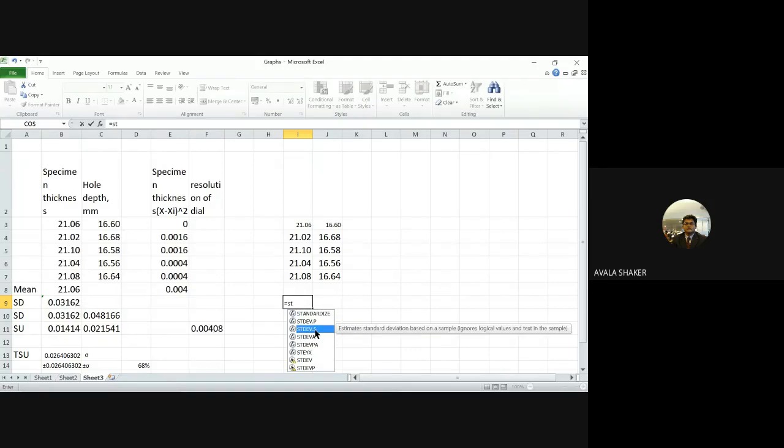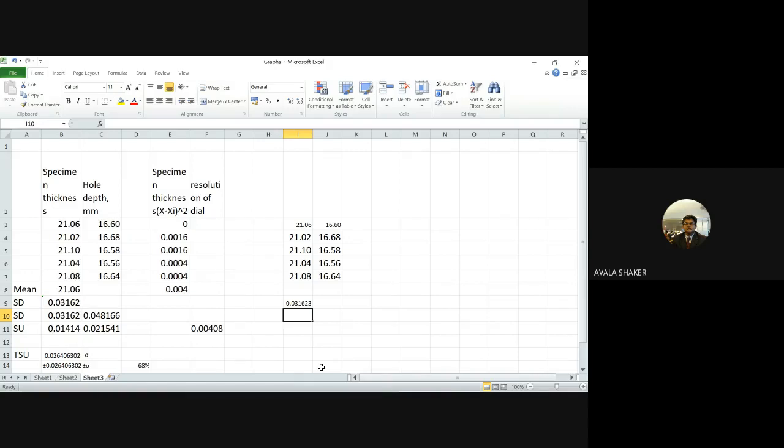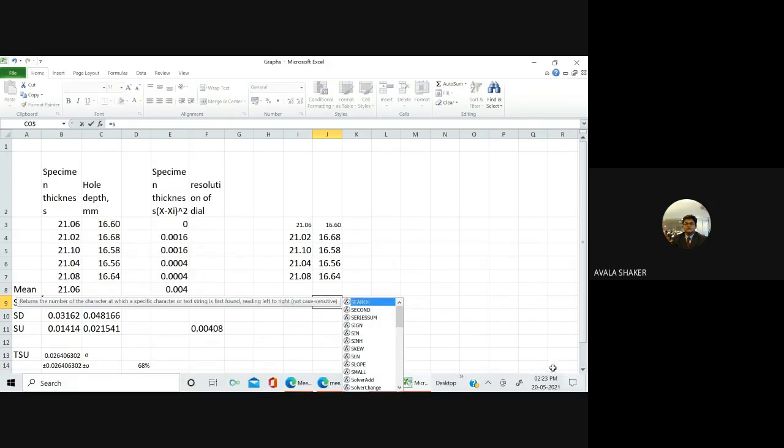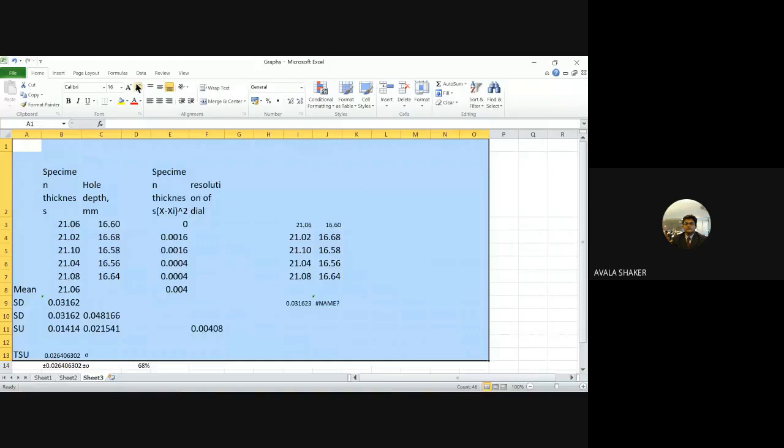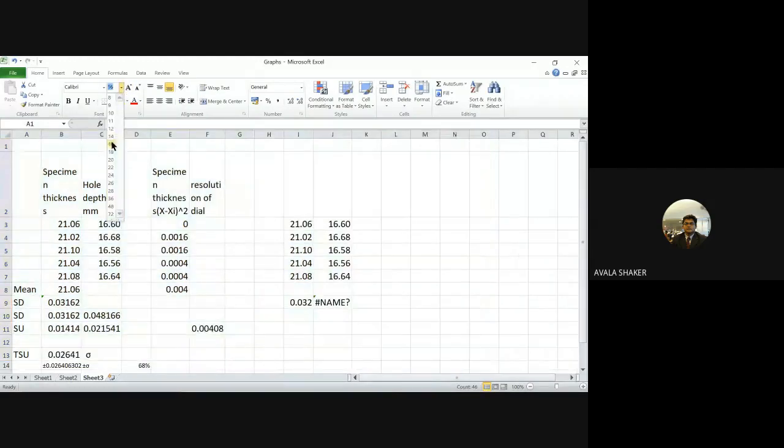So this is a sample. Here also we can find the standard deviation. I'll increase the font size, 16.